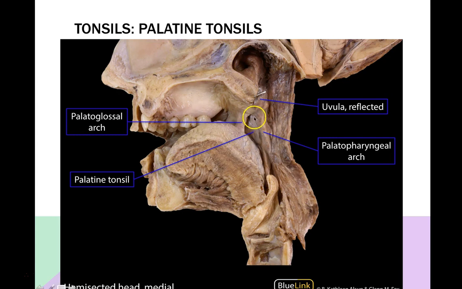To learn some more fancy anatomical terms, that anterior pillar is also known as the palatoglossal arch, and the posterior pillar is known as the palatopharyngeal arch. And in between those arches, or those pillars, we would find the palatine tonsil.